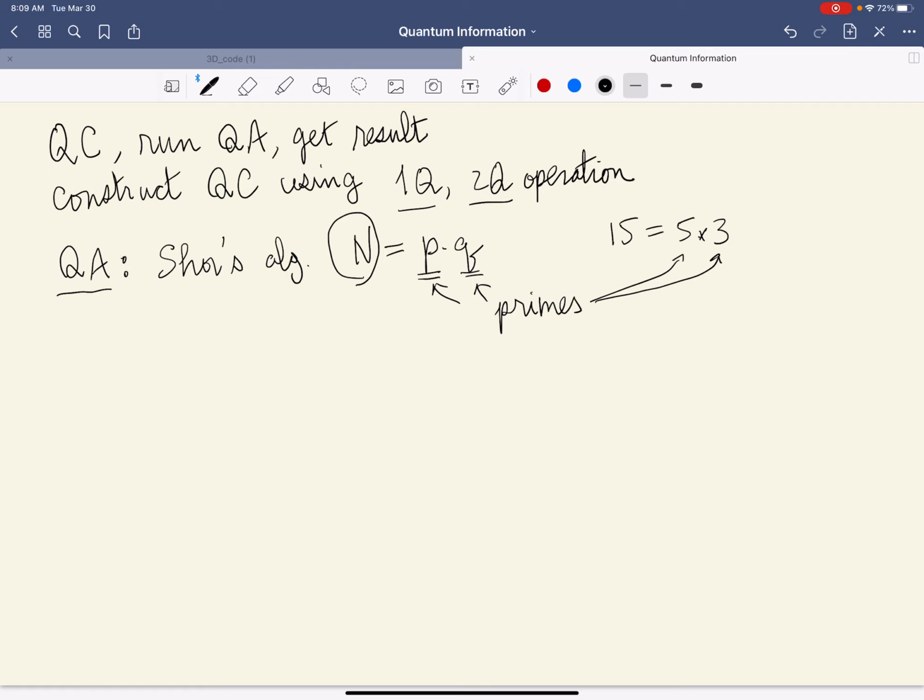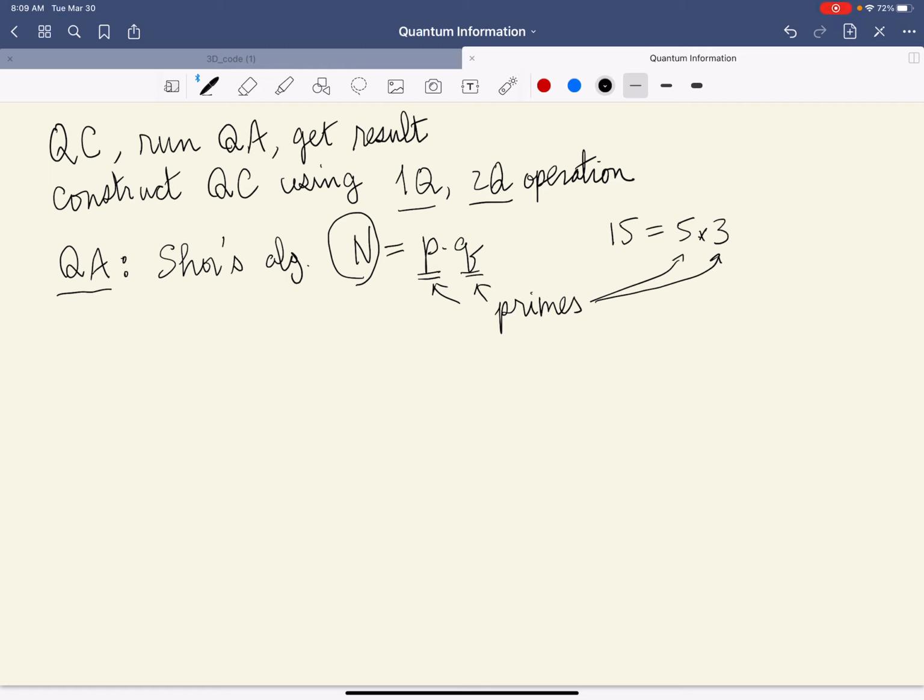This is a very challenging problem in both computer science and mathematics, a branch of mathematics known as number theory.